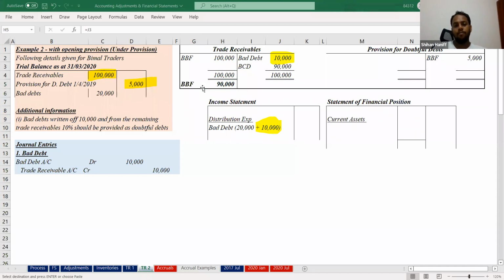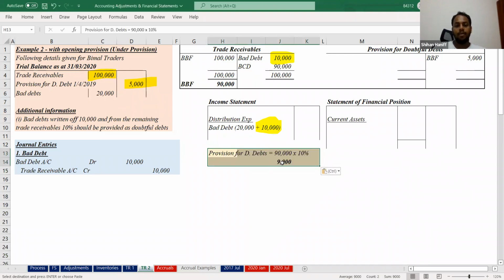Then the provision for doubtful debt will be 9,000. 10% from the remaining trade receivables is 9,000.